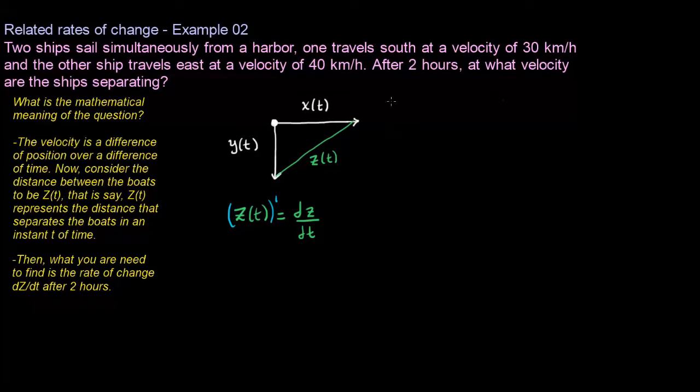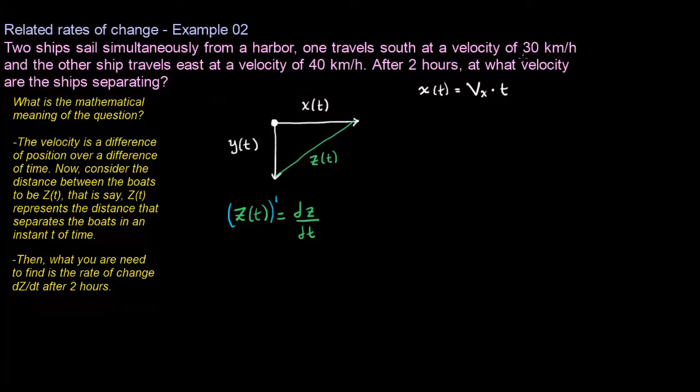Now, the distance x of t is the one traveling to the east, which is a position with respect to time. This position will be determined by this velocity every hour. So basically we have the velocity of x times the time.